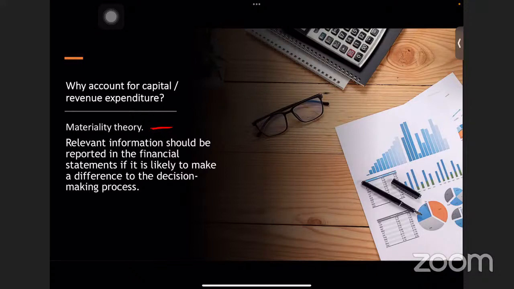Something that is very material, meaning a big amount, I will call it an NCA, capital expenditure. Something that is very immaterial, meaning a small amount, then I don't put it as an NCA, I put it as revenue expenditure. I will classify it as an expense. So please remember this. This is also important, all the theories.